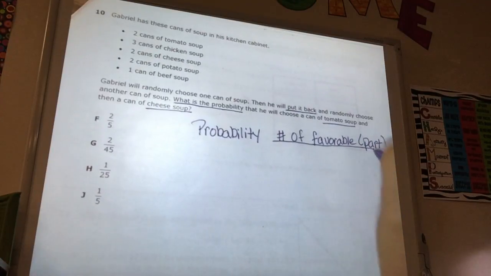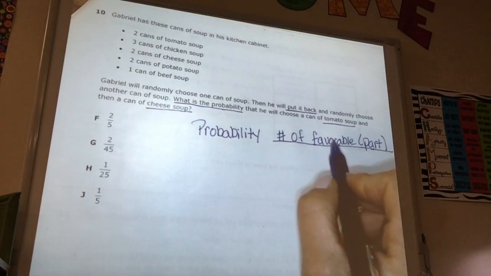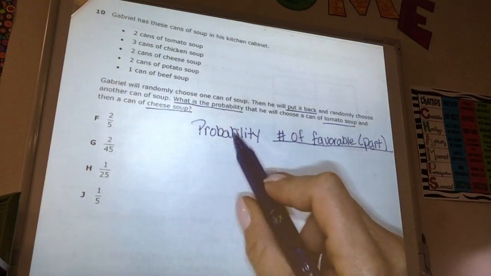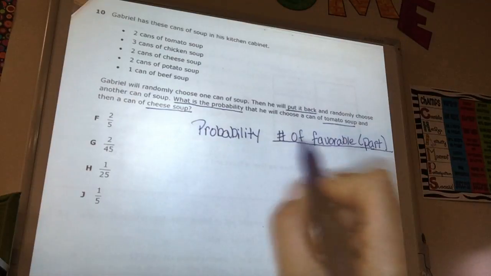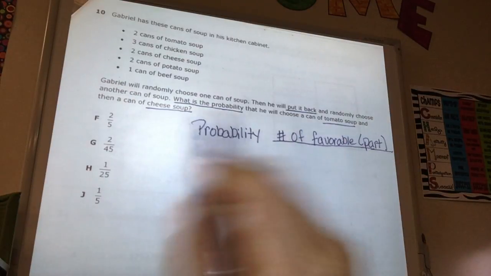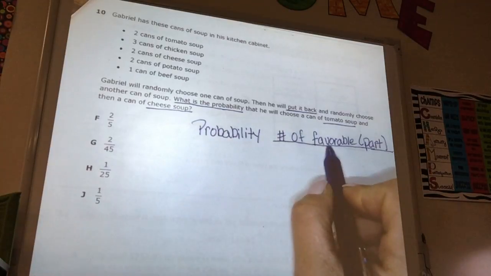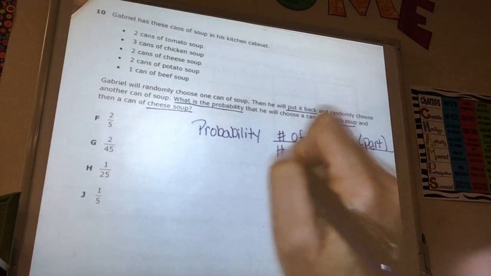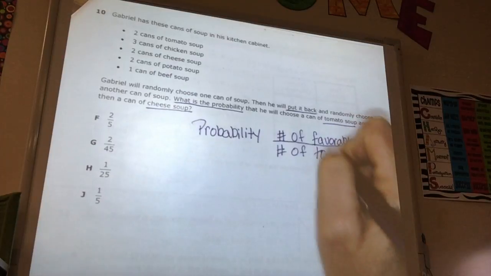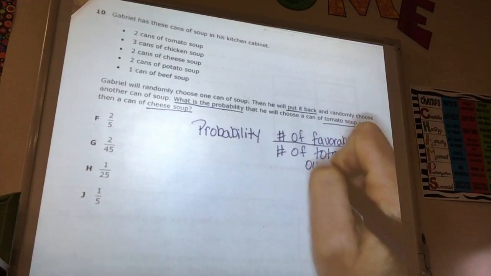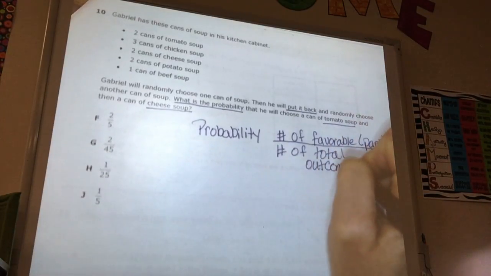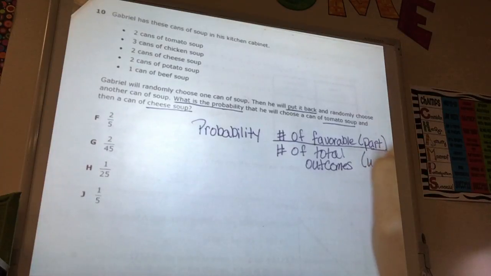Okay, the number of favorable, that's what we want to select. So Gabriel wants to know the probability of him selecting tomato soup, so that's our favorable, and then cheese soup, so that's our other favorable. So probability is the number of favorable over the number of total outcomes, which in a fraction would be the whole, because it's the denominator.